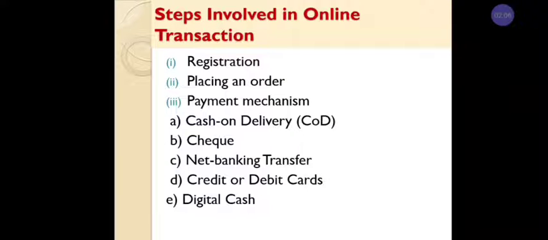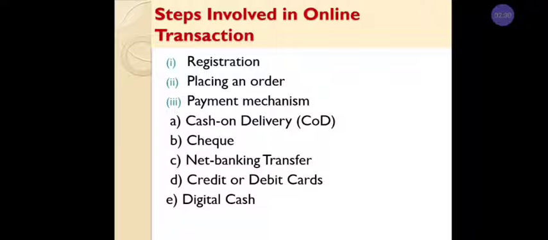Here are the three steps involved in online transaction. I have already explained. First step, registration. Second one, placing an order. Third step, payment mechanism. In payment mechanism, there are many options by which the customer can pay for his product.